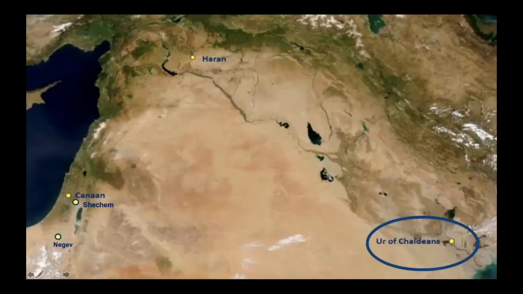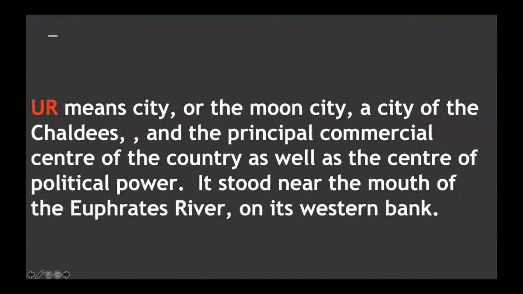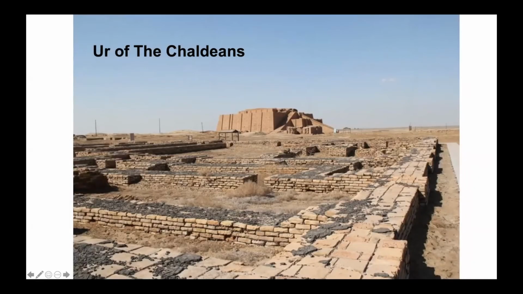This is Ur. Ur means a city, from the word Ir. Another meaning is the moon city, the city of the Chaldeans. It was a center of commercial activity, a trade route, and was a political power. And by the way, it's a very old location.